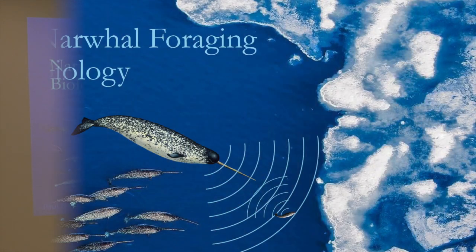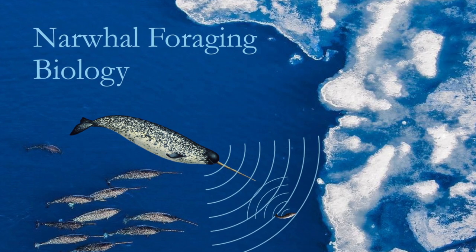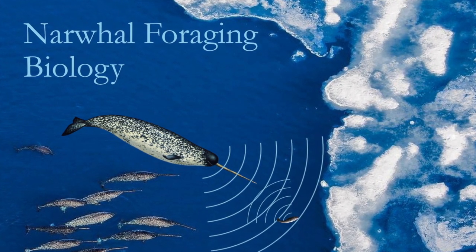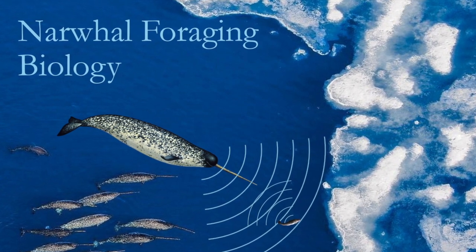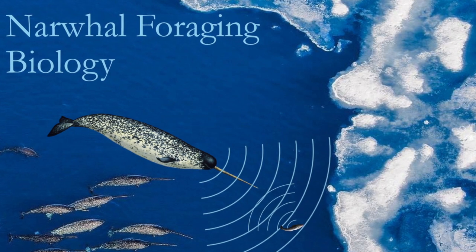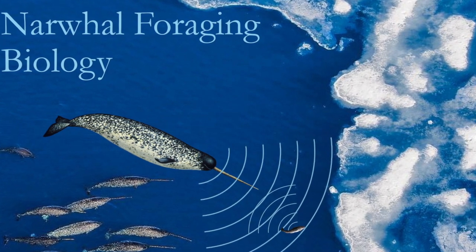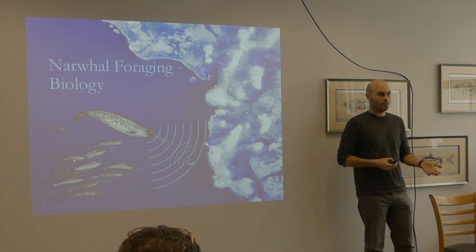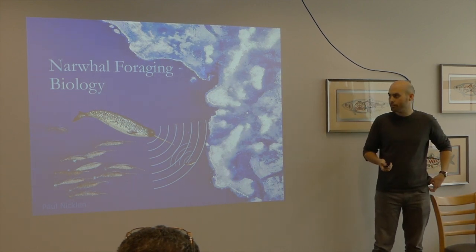In contrast to polar bears, narwhal foraging has different underlying characteristics. Firstly, narwhals are group animals. They're not solitary like polar bears. The second is that they rely on echolocation to locate their prey at a fine scale.